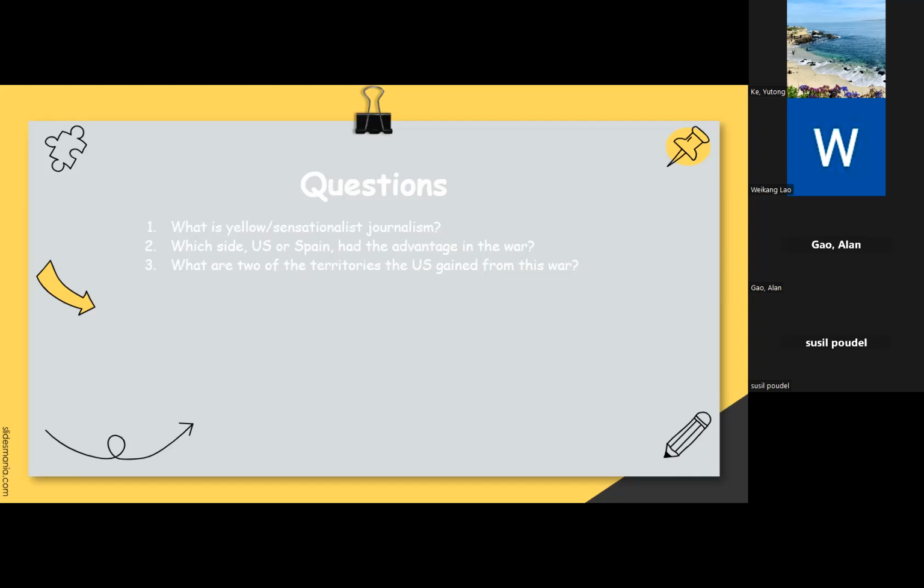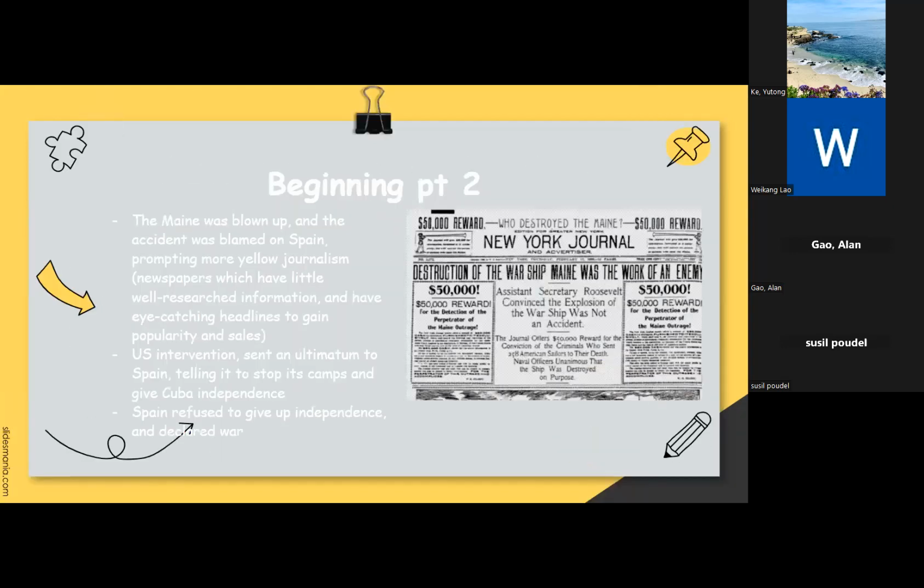If you go back to the second slide, the giant letters, the title is "Destruction of the Warship Maine was the work of an enemy," when we didn't know that yet. So they just kind of assumed that in order to get people to buy the newspaper. That's basically what yellow journalism is, those flashy headlines.